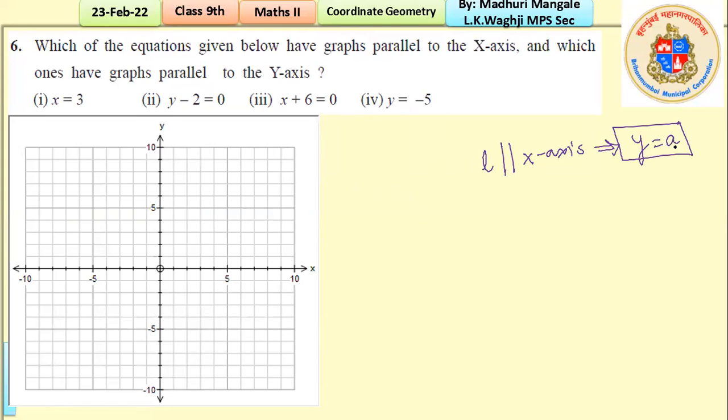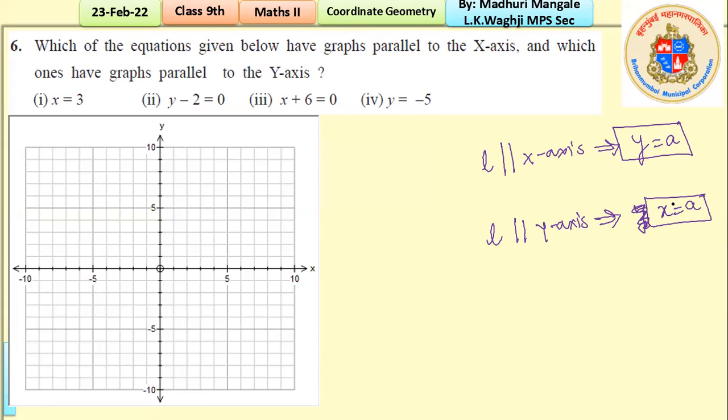And suppose the line L is parallel to the y-axis, then the equation will always be of the form x equals a.